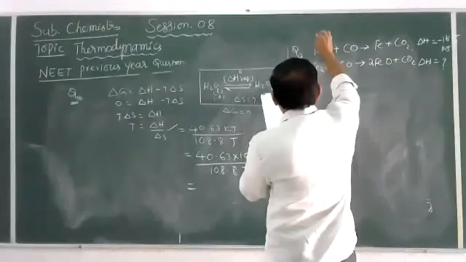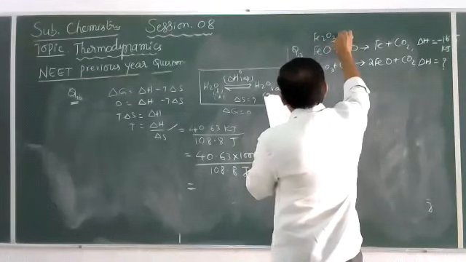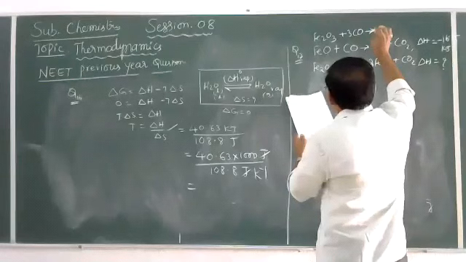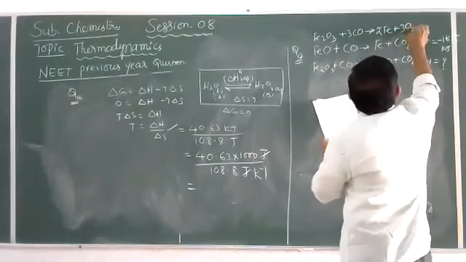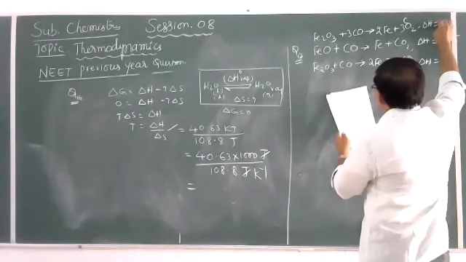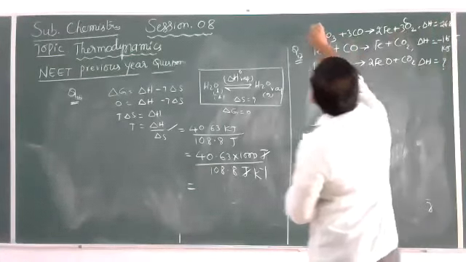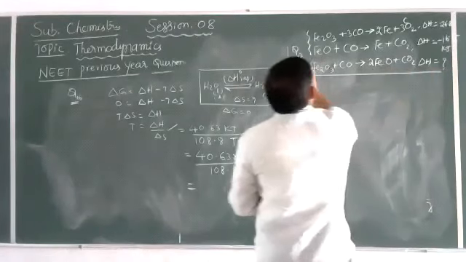Before that, one chemical reaction is given: Fe2O3 plus 3CO gives 2 Fe plus 3CO2, delta H is equal to minus 26.8. These are the 2 reactions given. Then what is the value of this reaction?